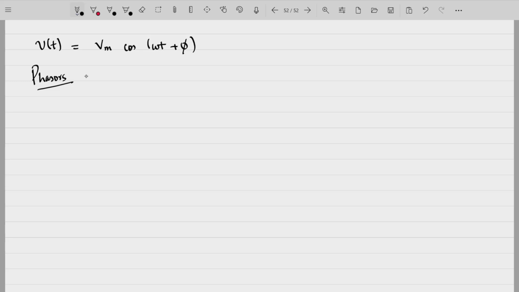Now, what is a phasor? Phasor is a complex number. It's actually a complex number representation.